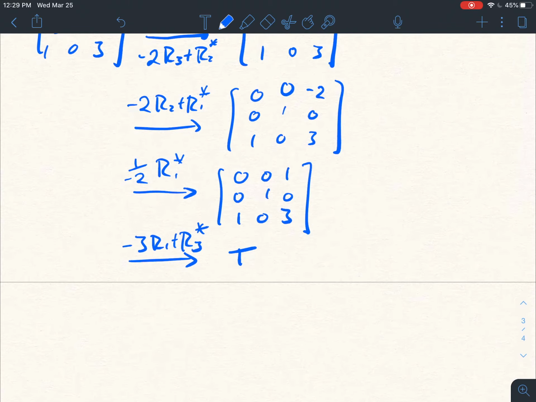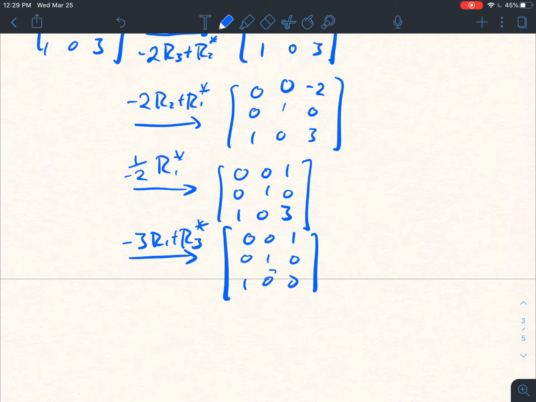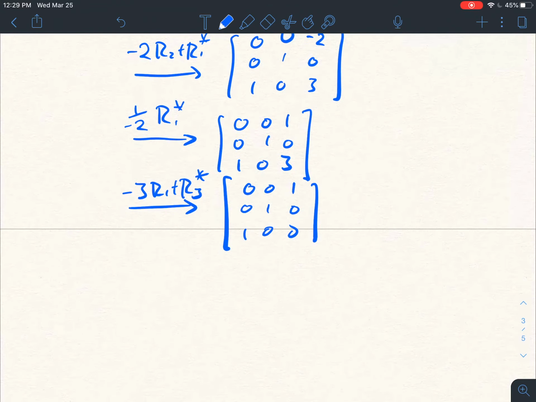And that should, oh, nope, that's wrong. That would not be the identity matrix yet. I have one more step to do. 0, 0, 1, 0, 1, 0, 1, 0, 0. Now I have to swap rows 1 and 3, and then I will get the identity matrix.